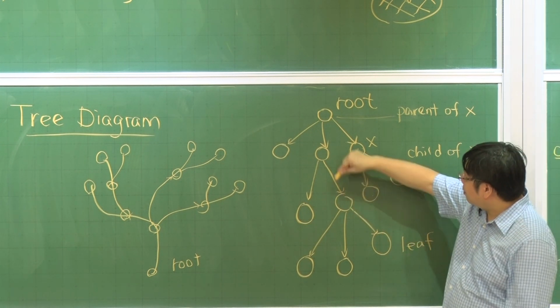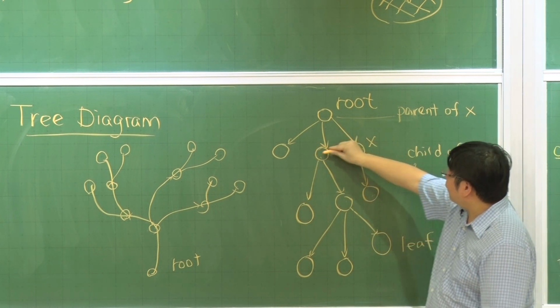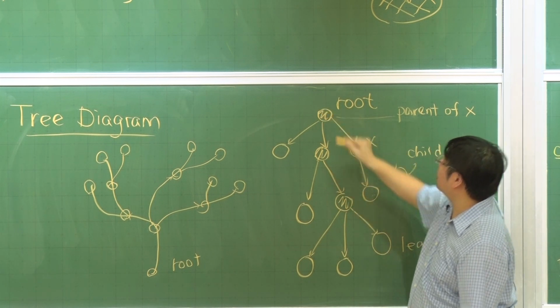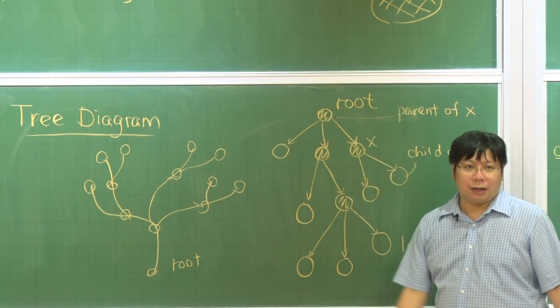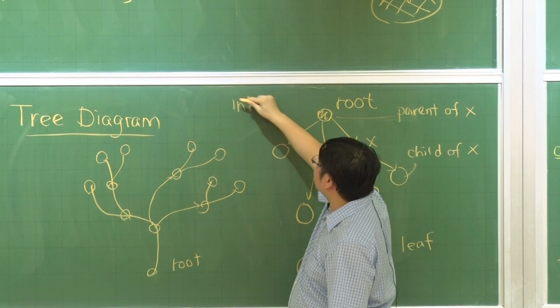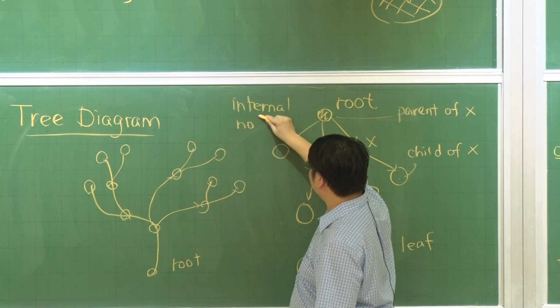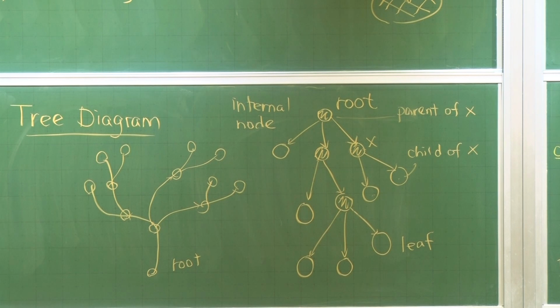All the ones that are not leaves, for instance this one, this one, this one, and this one, are inside the tree, so we call them internal nodes. So these are some special names for a tree.